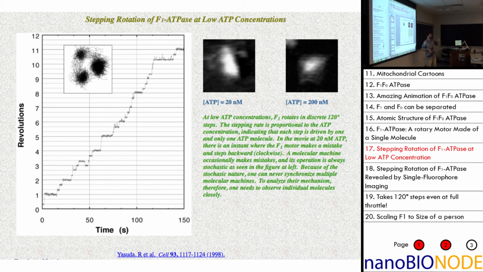Okay, and now remember that we still want to see that it is 3 units, 3 electrons that is going to be enough to power 1 ATP. So what he did, this is Kazuo Kinoshita.